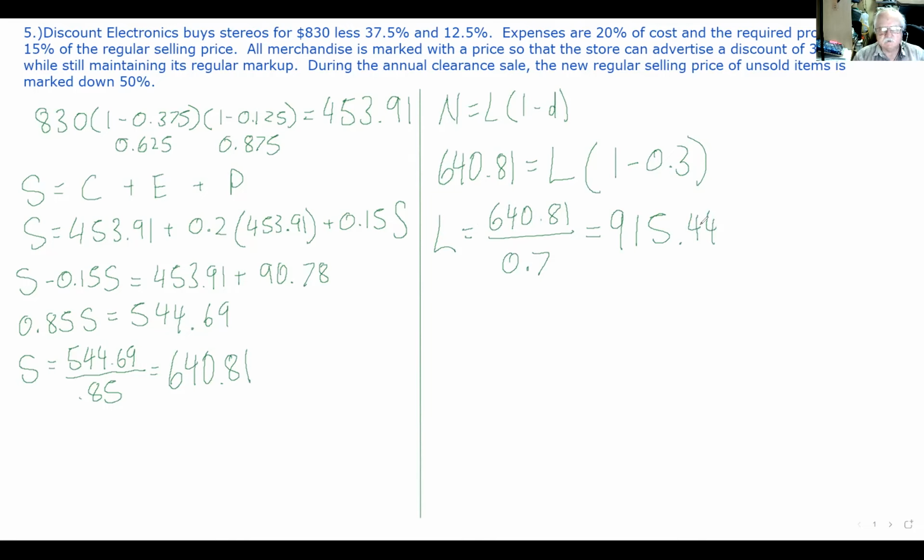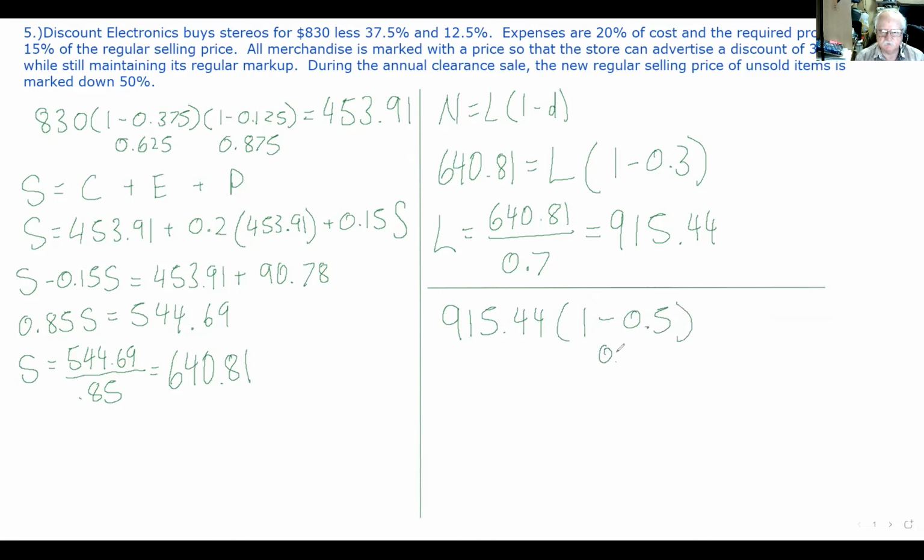So the last thing they tell us is during the annual clearance sale, the new regular selling price of unsold items is marked down by 50%. So they're going to put it on sale, but it's going to be a reduction off their artificially inflated price. So let's take a look at how that'll work. 915.44, 1 minus 0.5.